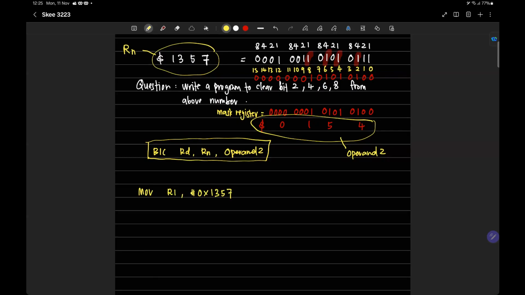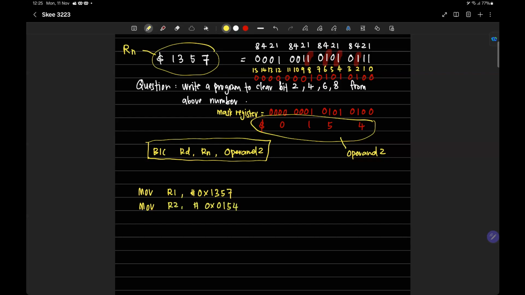This is my number, which I put inside R1. And then MOV R2, #0x0154.